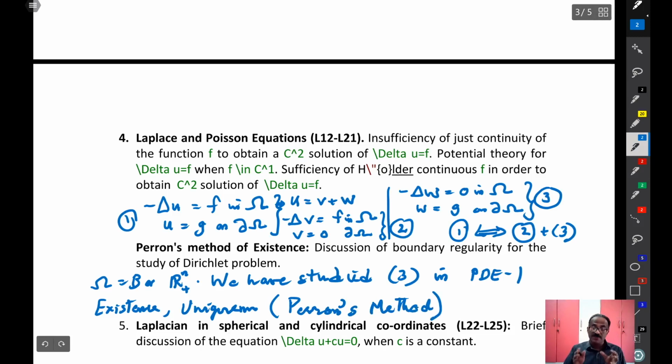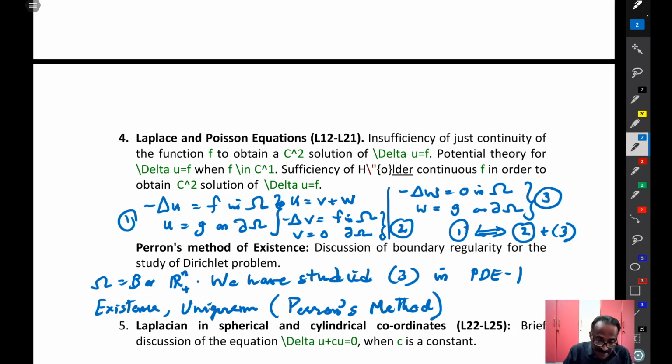Perron's method is for the study of equation 3, the homogeneous equation with non-homogeneous data on the boundary. You cannot impose a boundary condition for arbitrary domains, so there is a notion called boundary regularity. We will introduce the concept of boundary regularity and study the existence and uniqueness for the homogeneous equation.